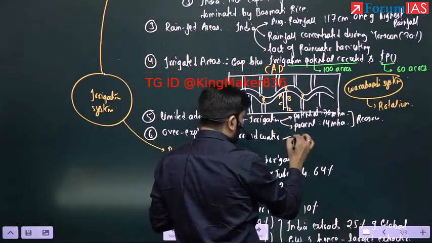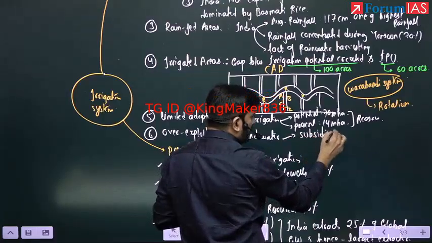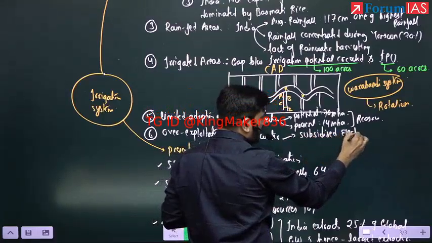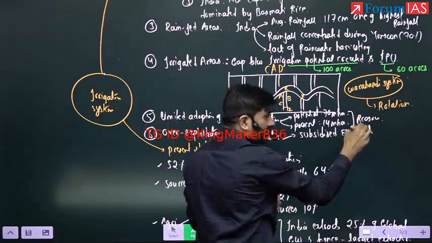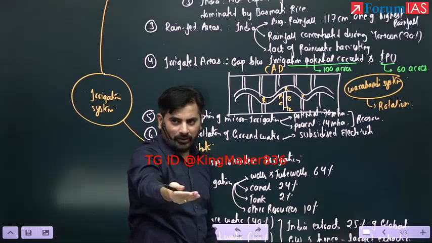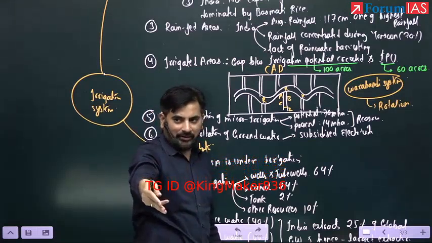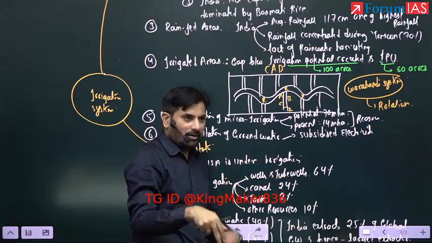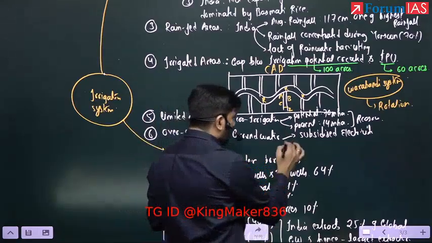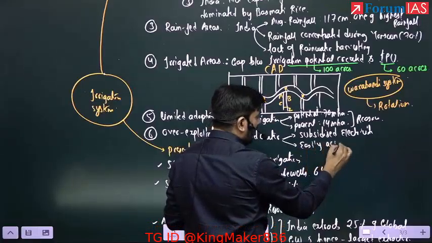He says that farmers have access to subsidized electricity. Good. Second, someone is saying it is easily accessible. I hope you agree with me on this. Canal water might not be easily accessible everywhere, but what is the most easily accessible? Groundwater. So it is easily accessible.